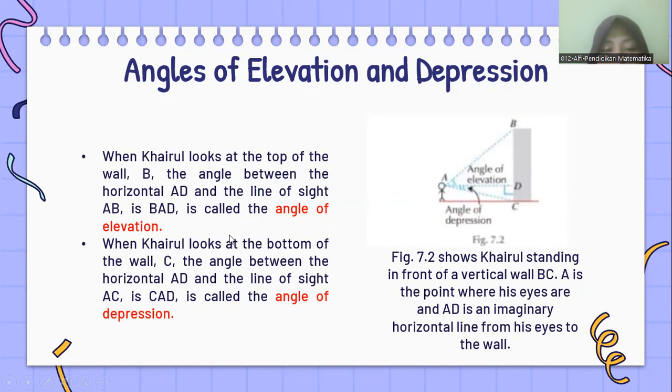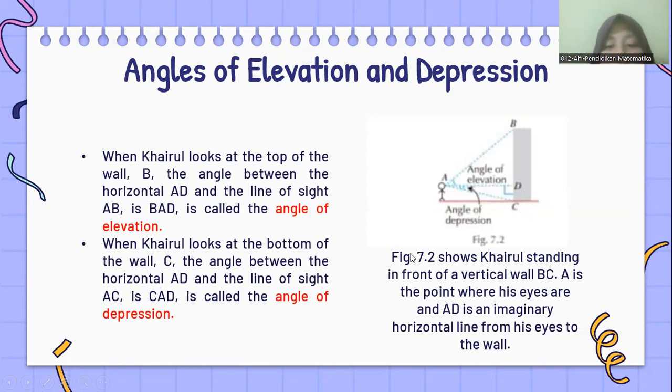When Hyrule looks at the bottom of the wall, C, the angle between the horizontal ID and the line of sight IC, which is angle CID, is called the angle of depression.